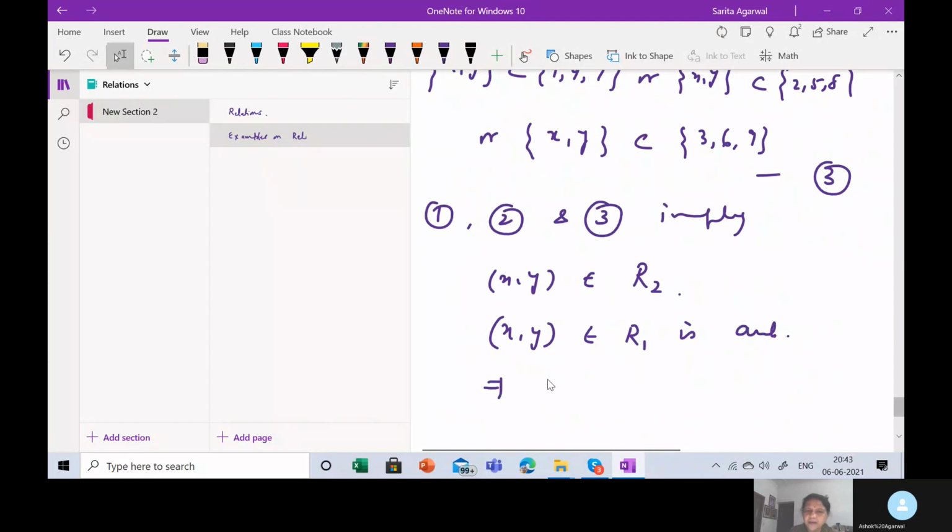That means R1 is contained in R2, right?